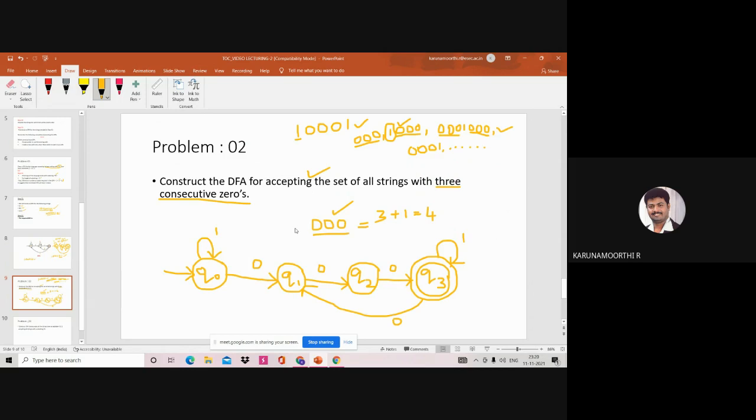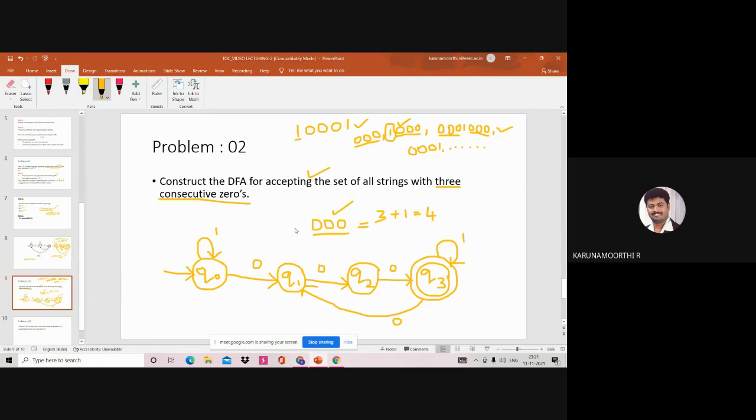First of all, you have to think about in our question whether the substring is available or not. If the substring is available, you have to calculate the length. In addition to that, add 1. For that value, you have to make states for the DFA.